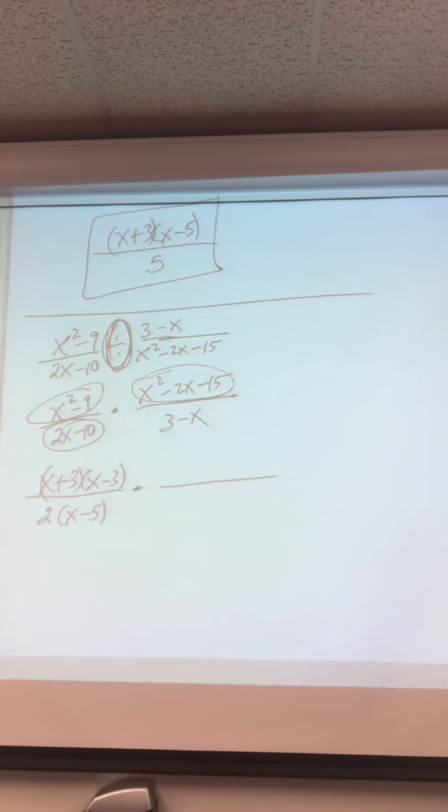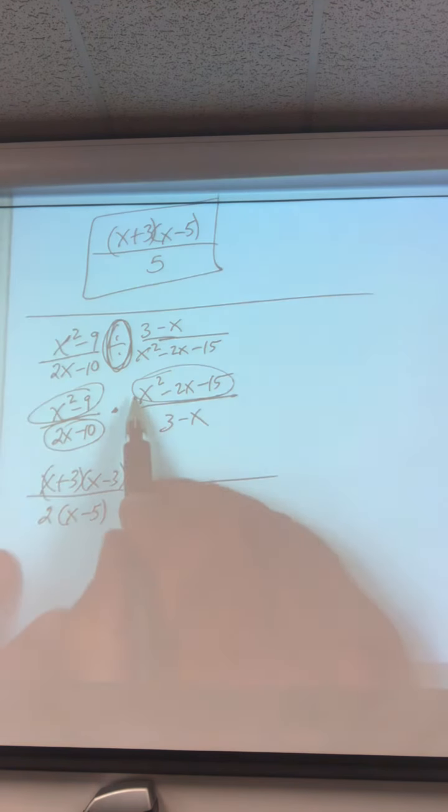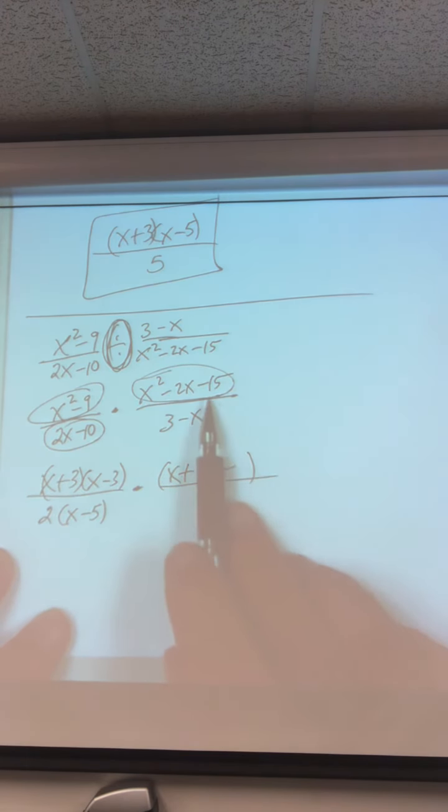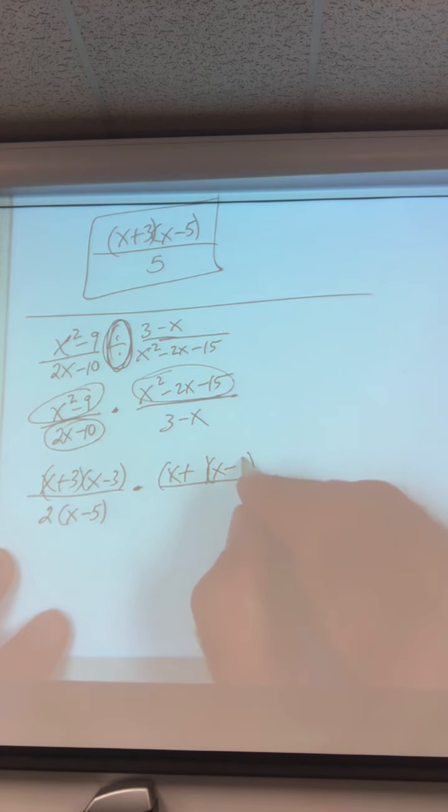Trinomial, no GCF, easy case because of the 1. So the x squared breaks up as x times x. Signs are different, largest is negative, so the biggest number is going to go here. Two numbers that multiply to 15 and subtract to 2 are 5 and 3.